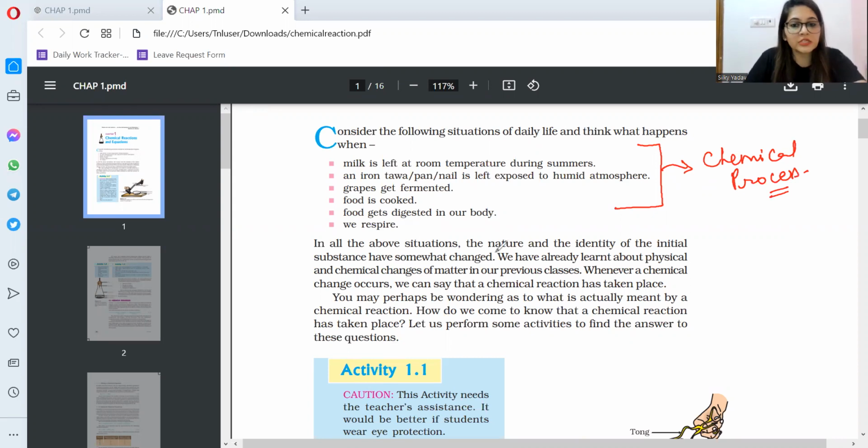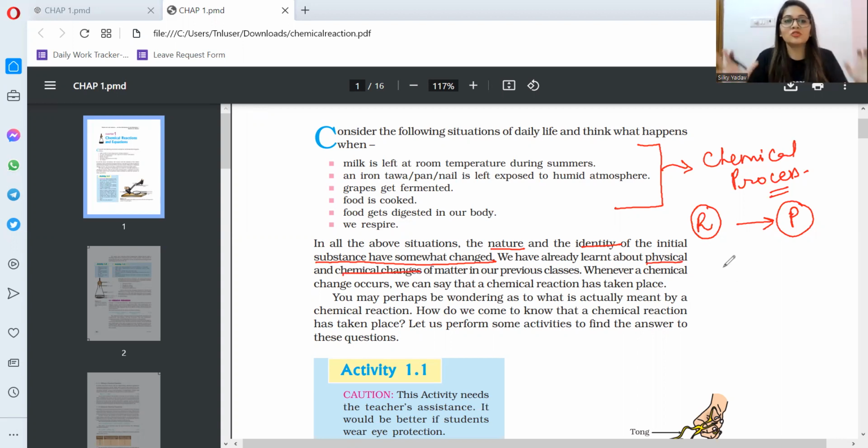So in the above situations, the nature and the identity of the initial substance have changed, right? When the reactant is not the same as the product, we can say that a chemical reaction or chemical process has taken place. We have already learned about physical and chemical changes of matter in our previous chapters.